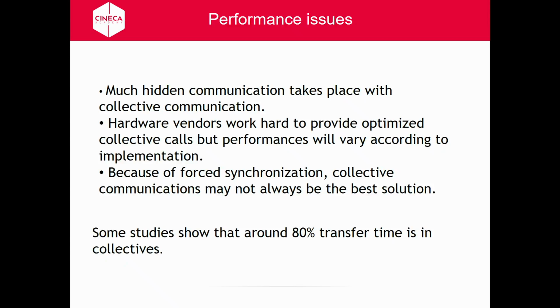So, for example, on an Intel machine, this kind of function is particularly efficient. In other implementations, such as MPICH or OpenMPI, the efficiency is a little bit less.